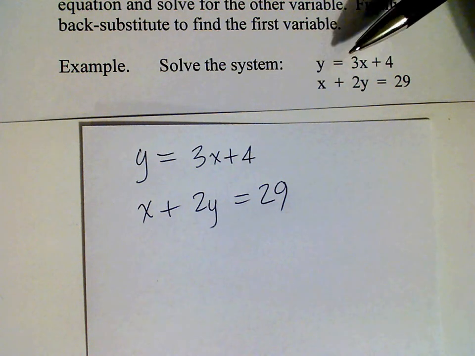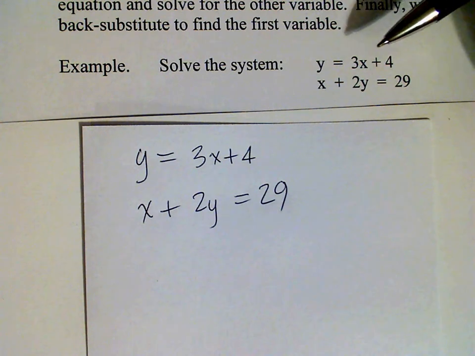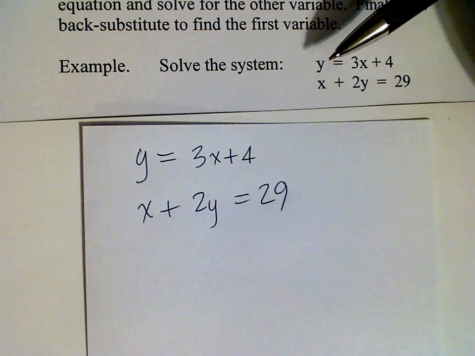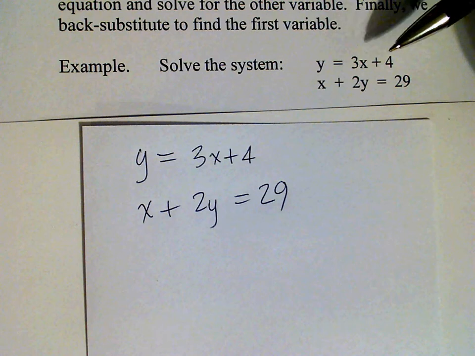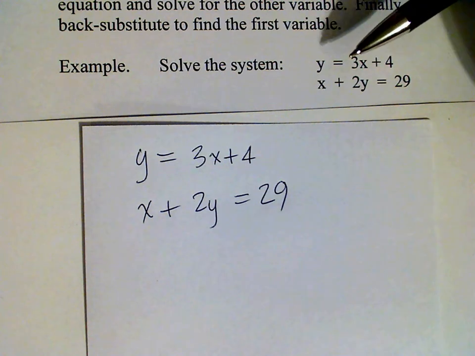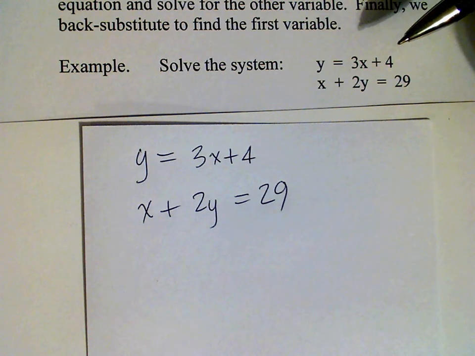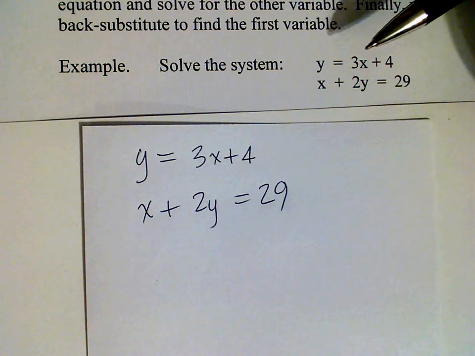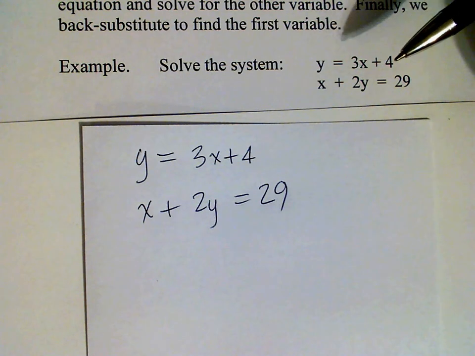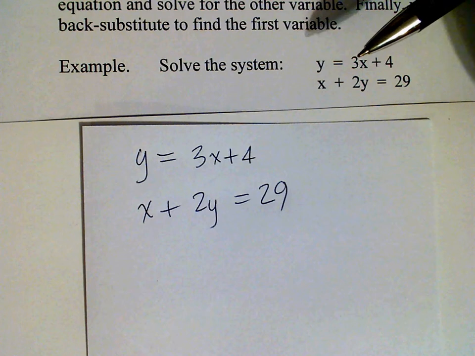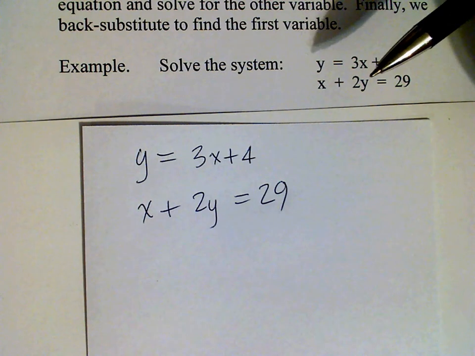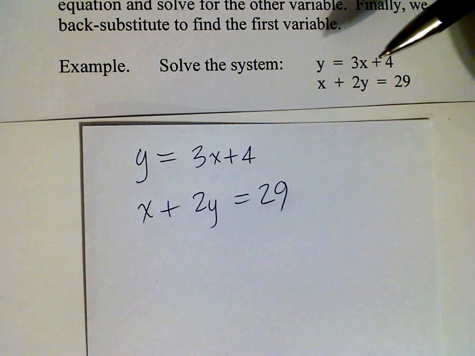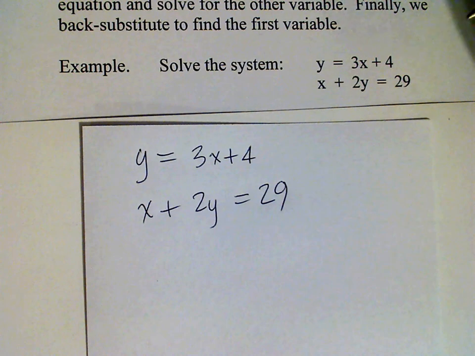We already have one of the equations solved for one variable. We have y by itself on the left-hand side, and then we have 3x plus 4 on the right-hand side. And so what that means is that I can replace y, the letter y, where I see it in the second equation with this expression 3x plus 4.